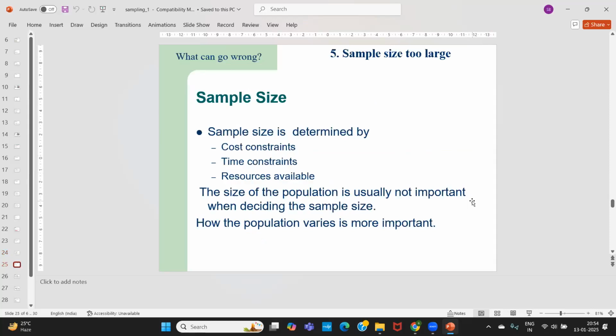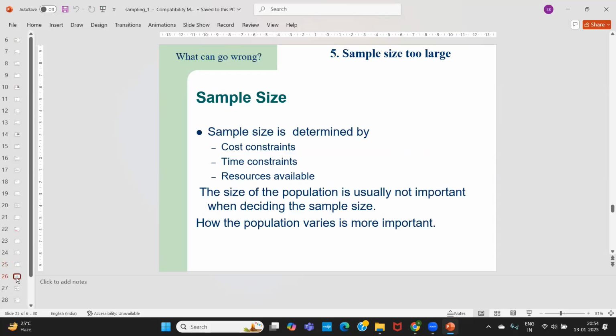Now sample size is the crucial issue faced by the non-statistician. Sample size is determined by the cost constraint, time constraint, and resources available. The size of the population is not important when deciding the sample size. How the population varies is more important.